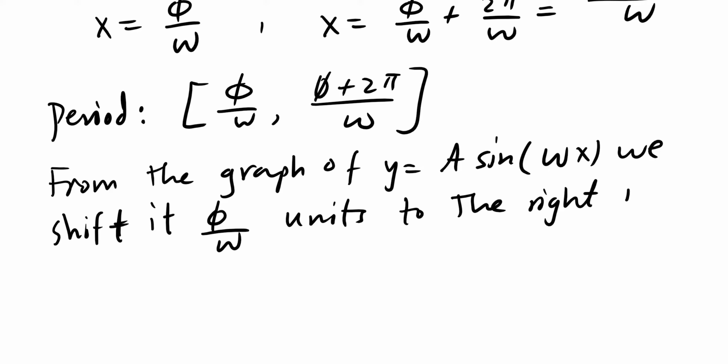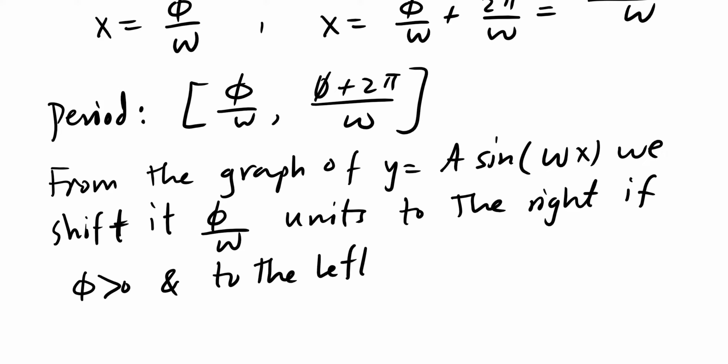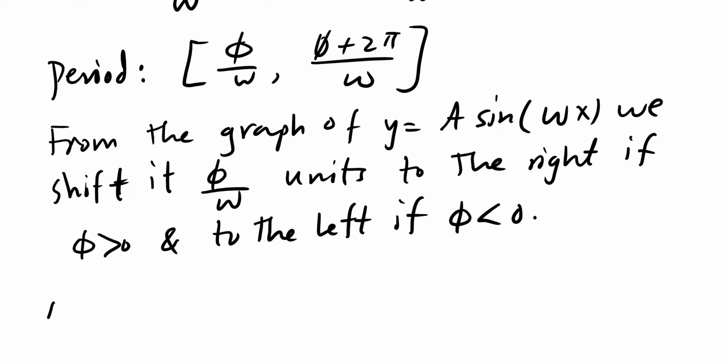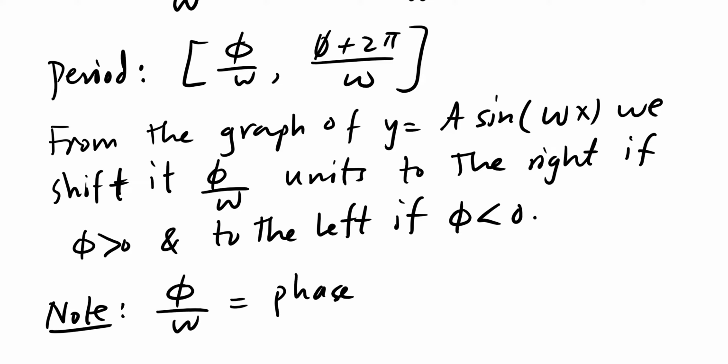To the right if phi is positive, and to the left if phi is negative. This number that we have been using, phi over omega, is called the phase shift. It's called the phase shift.